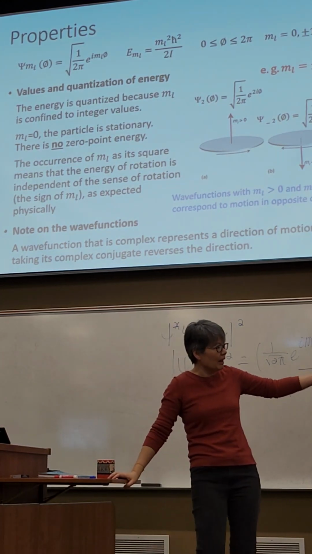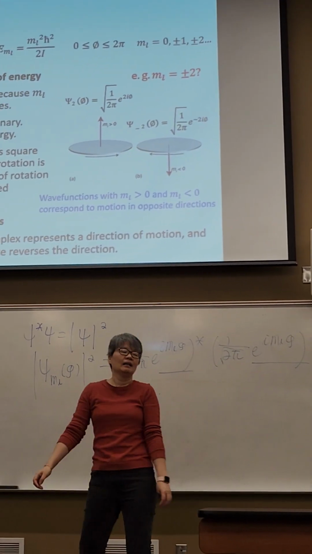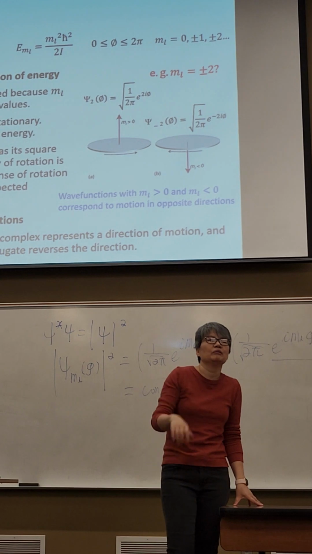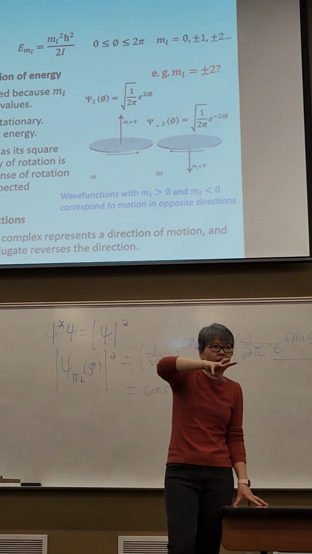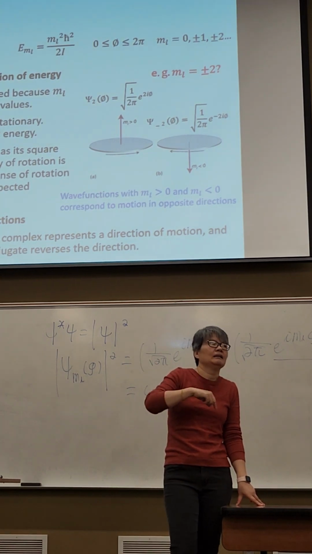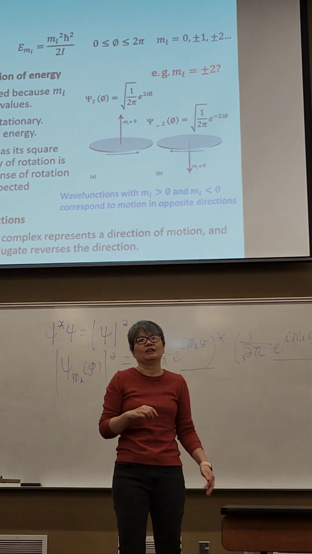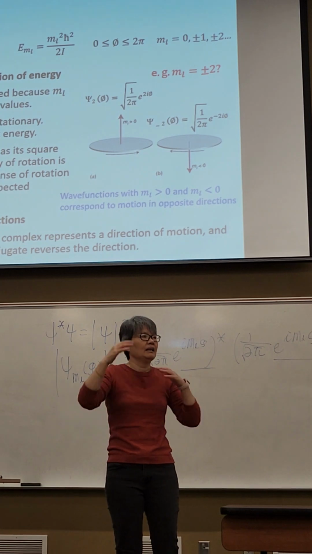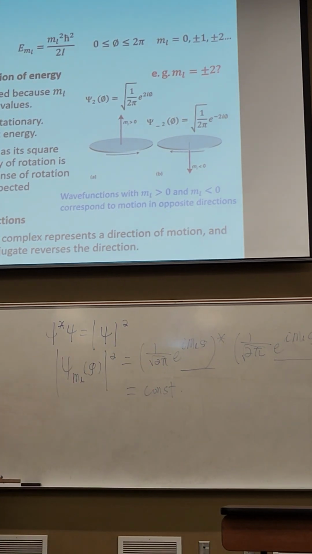Now, what do you tell about this plus minus i function? That actually indicates the rotational direction. One is clockwise with the positive, and the negative i rotates in a counterclockwise direction. So the plus minus indicates the difference in the rotational direction.